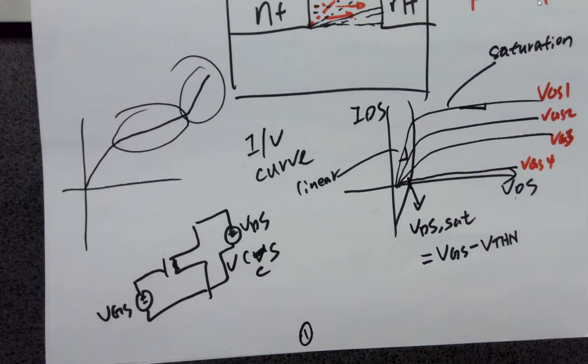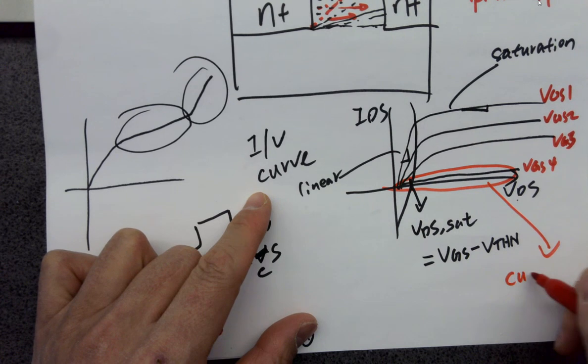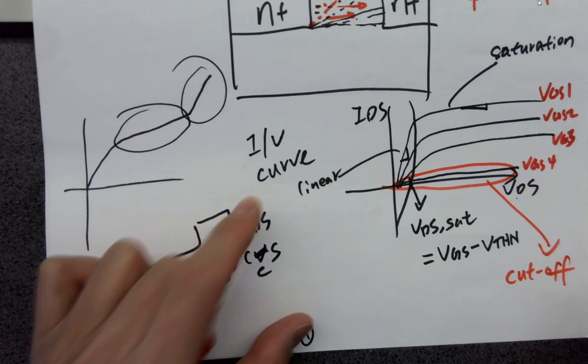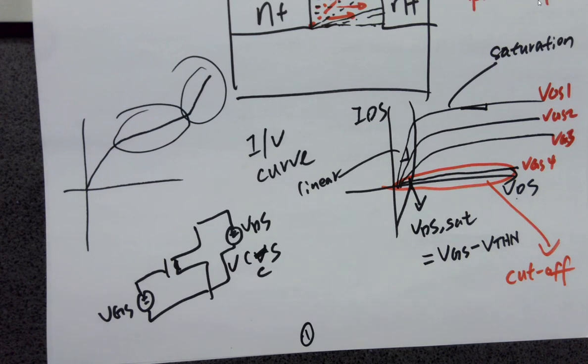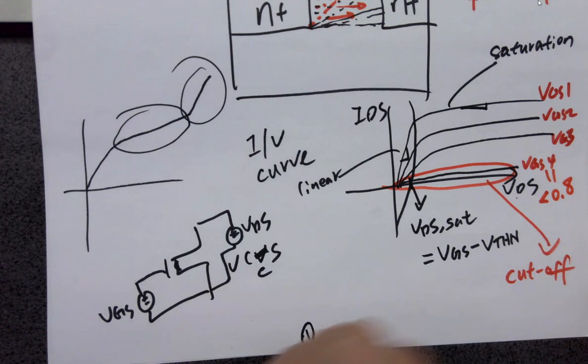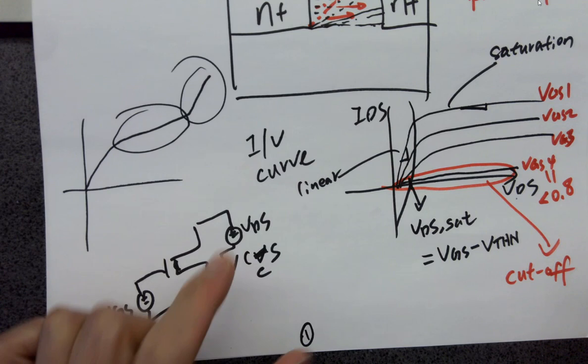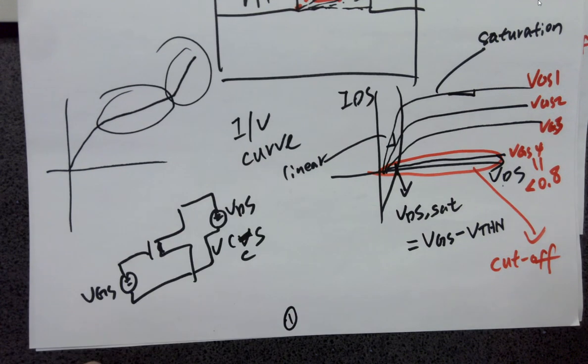This region is called cutoff. It's basically off. Why? Because VGS here is probably lower than 0.8 volts. For the C5 technology, the threshold voltage for the NMOS transistor is close to 0.8 volts.